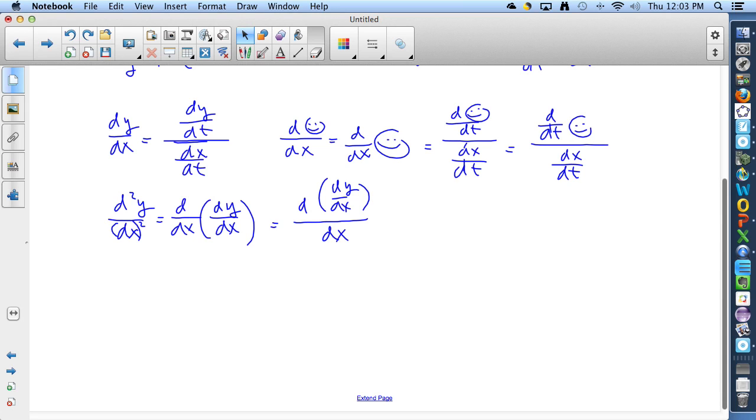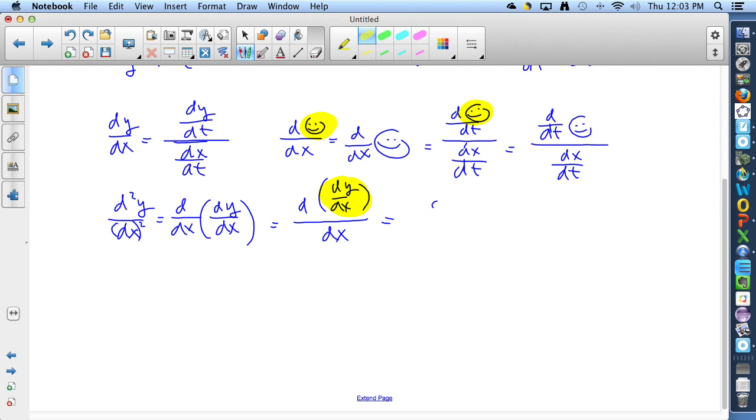All right, so I just took this and moved it up to the numerator. Okay. And now, here's the thing. You know that if I have the derivative of a smiley face with respect to x, if I want to write that as a parametric, all I do is say, hey, it's the derivative of smiley face with respect to t over the derivative of x with respect to t.